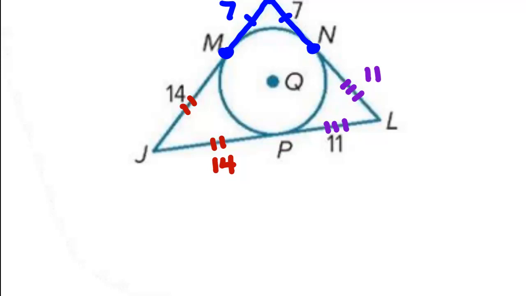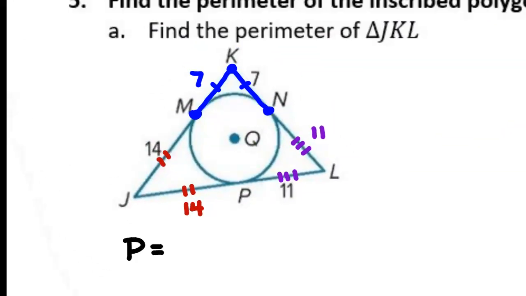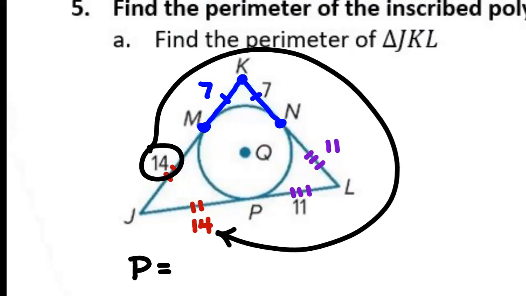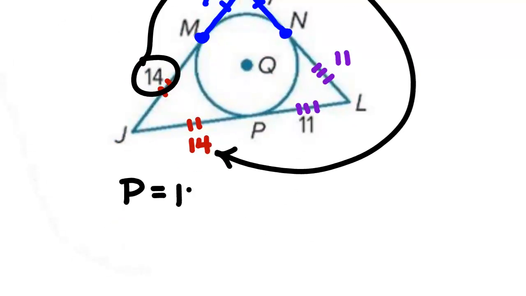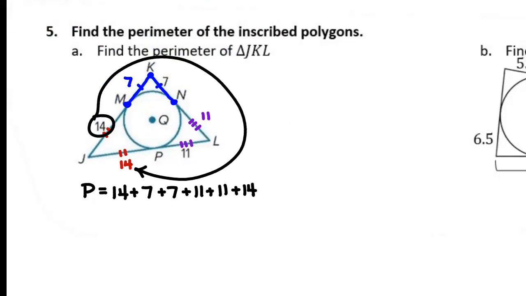They want me to find the perimeter of triangle JKL. How do you find the perimeter of an object? You add all the sides. So we're going to add all the little segments together. So my perimeter is equal to, I'm going to start here and work my way around. So 14 plus 7 plus 7 plus 11 plus 11 plus 14. Have I gone all the way around?